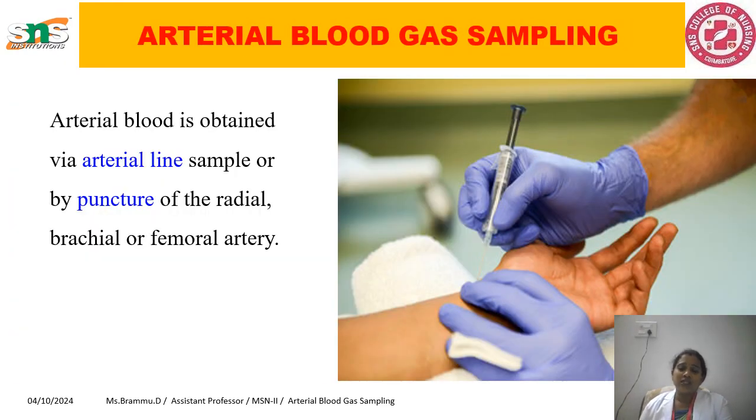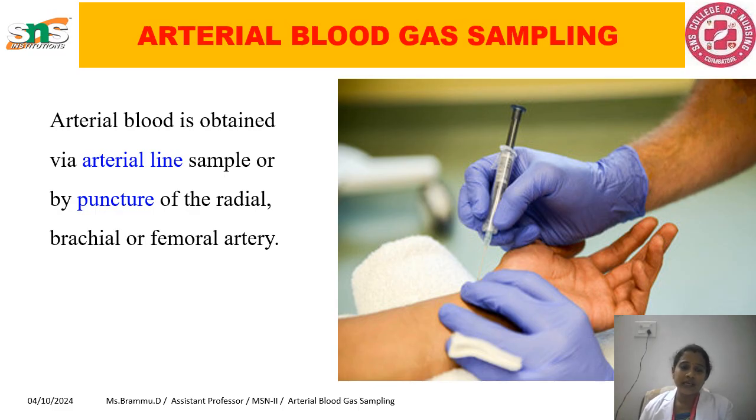Here in this picture you can see that the patient's hand is well flexed and the wrist is hyperextended, and you can see the gloved hand and the syringe of the nurse who is going to do the procedure. The wrist is always placed over a roll of towel so that you can get hyperextension of the wrist, and you can palpate the radial pulse, and then you can take the sample.